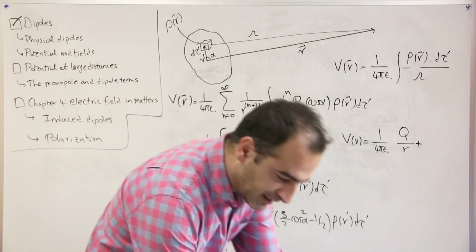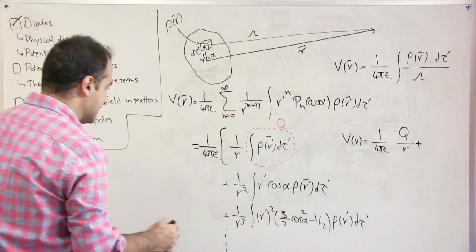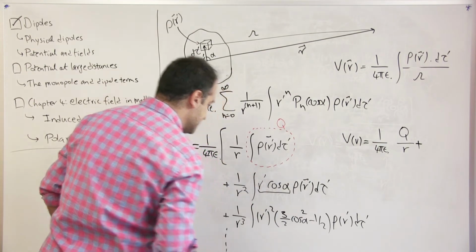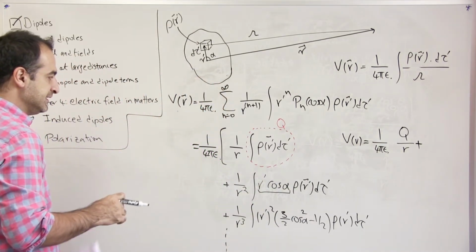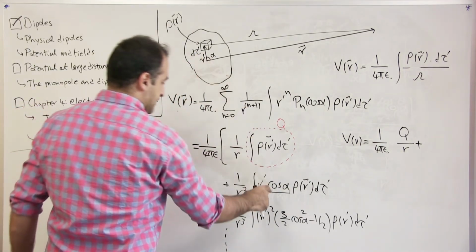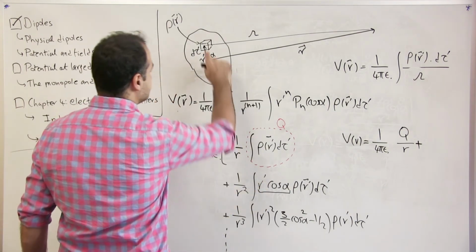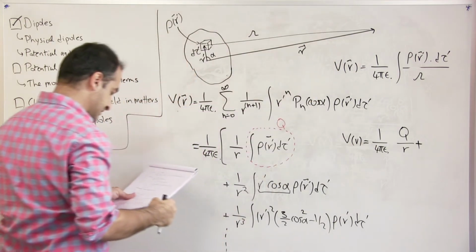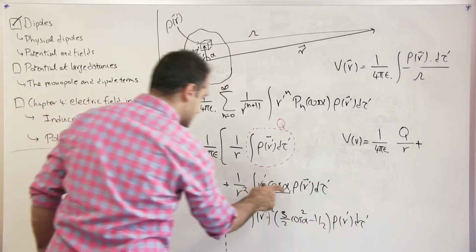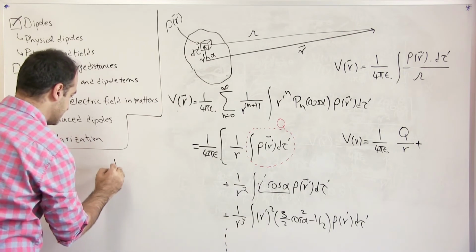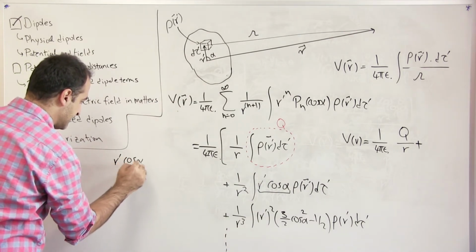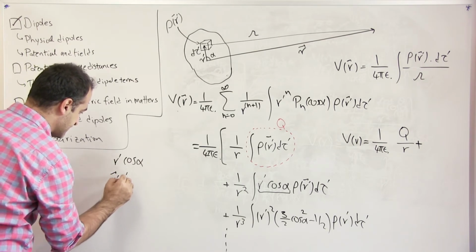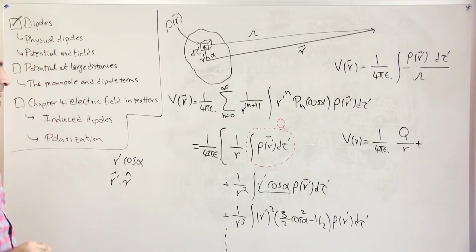There's a nice thing about it: r prime cos alpha can be written in terms of r prime as a vector times r hat, the direction of the distance vector.